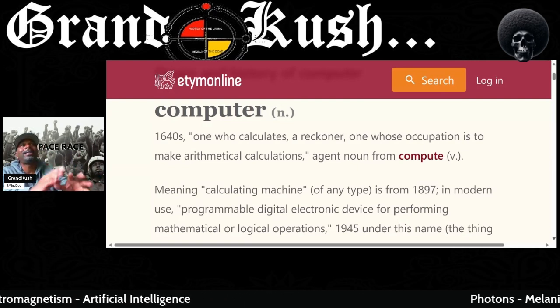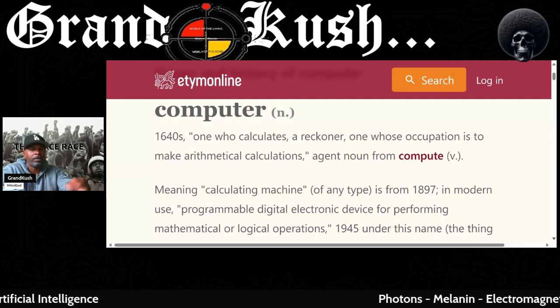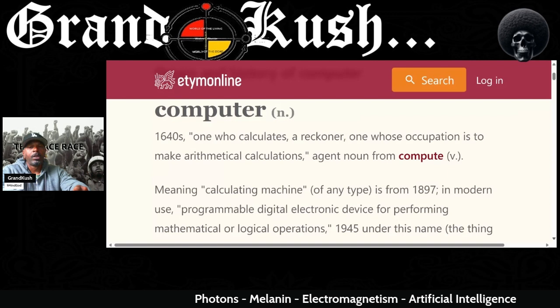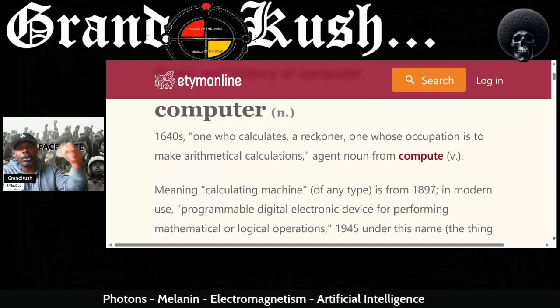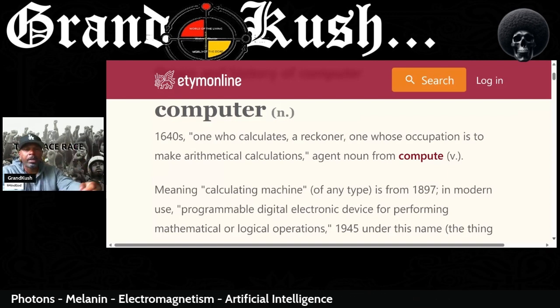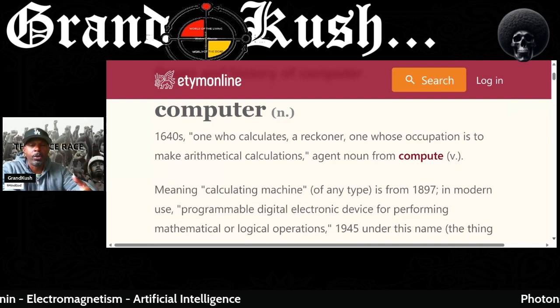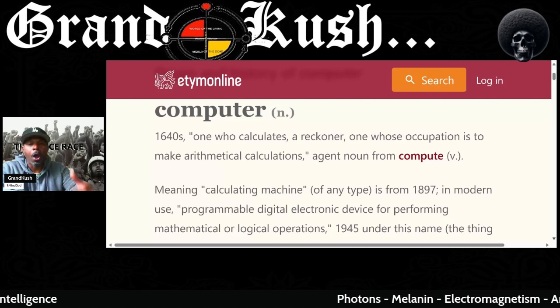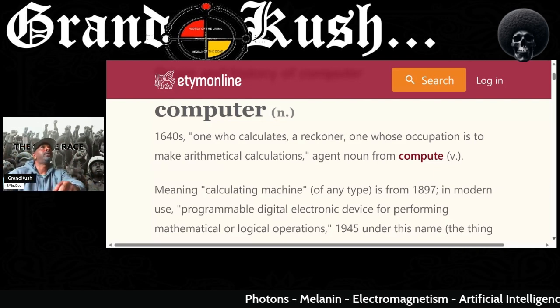And then from 1897, you got calculating machine. Do you see the difference? So one who computes as a human can be called a computer. All right. You got to understand artificial intelligence.